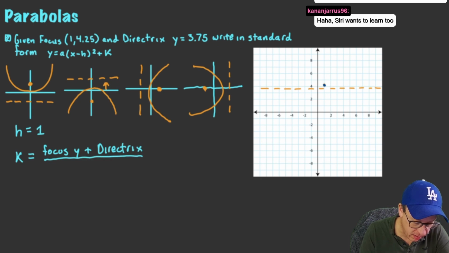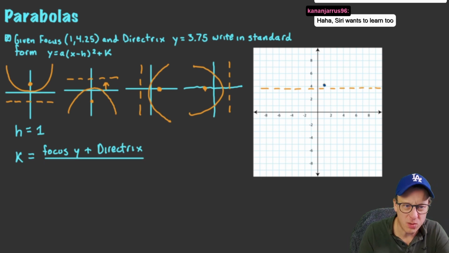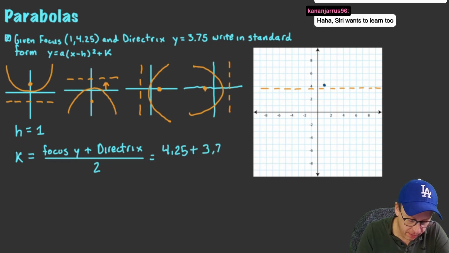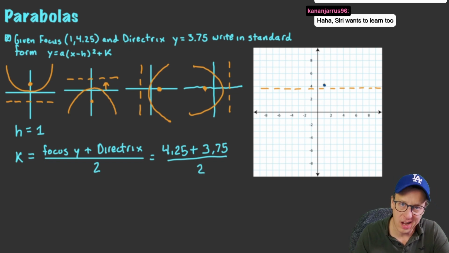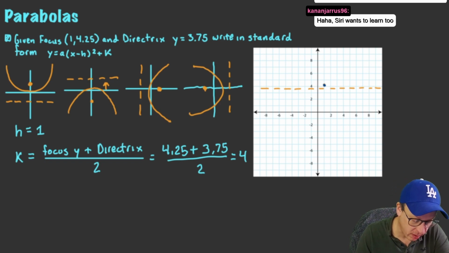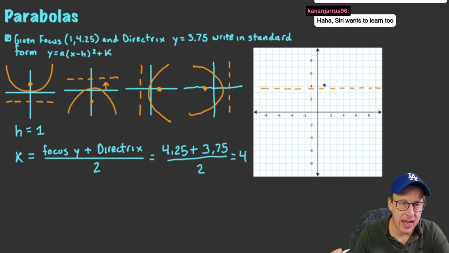And this is the distance formula between 2 points. That's what we're using there in this situation. And this is going to end up being equal to 4.25 plus 3.75 divided by 2, which is going to give us a value of 4. So that is equal to 4. So now we know k also. H is equal to 1 and k is equal to 4.